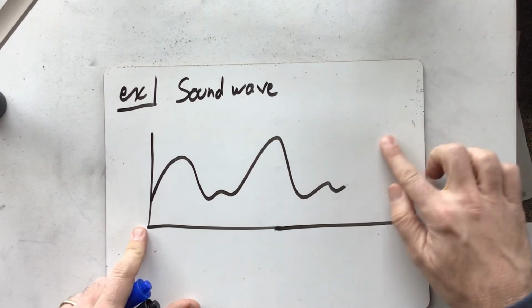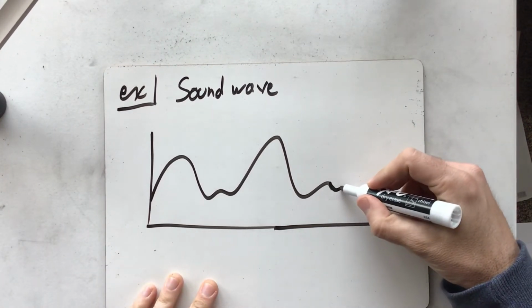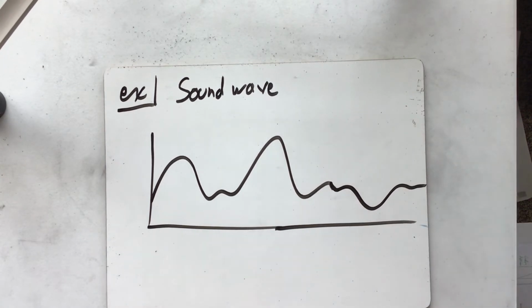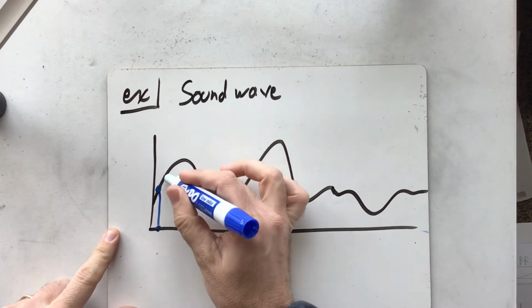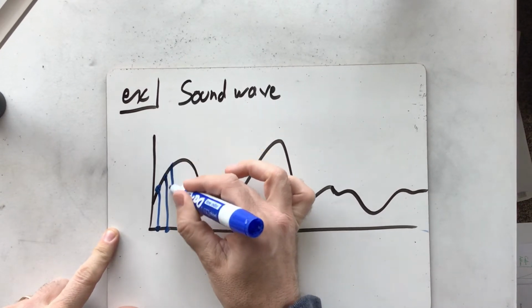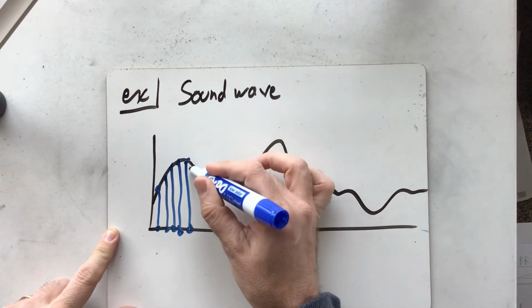And you all probably have been able to see the waveform from your speaker. Maybe it looks something like this, but how are we going to make a digital representation of this wave? Well, we're just going to sample at every height, a sample here, and a sample here, and a sample here, and a sample here.